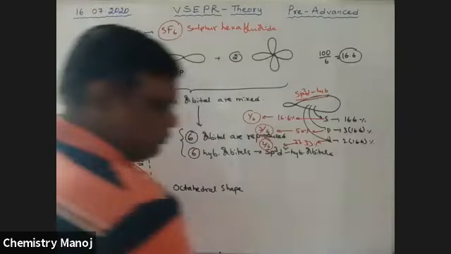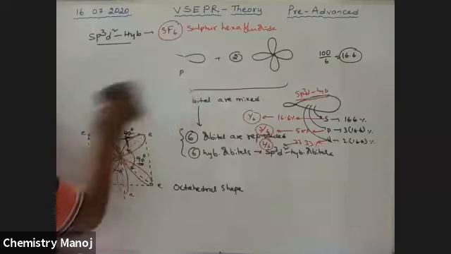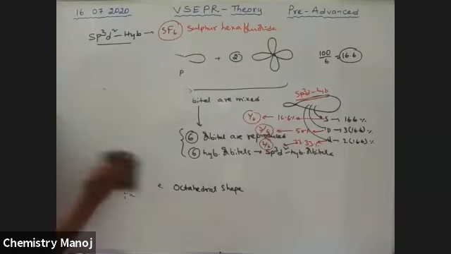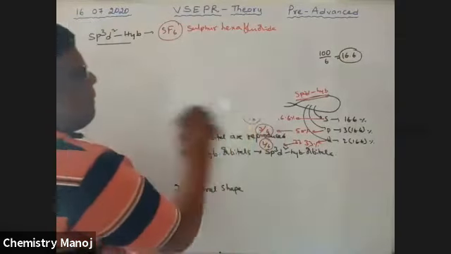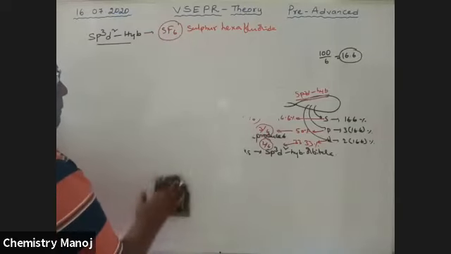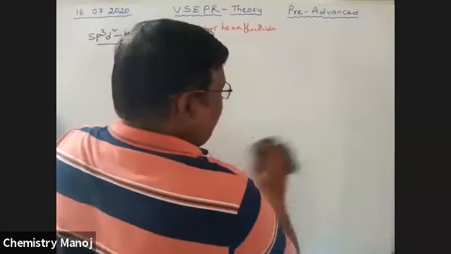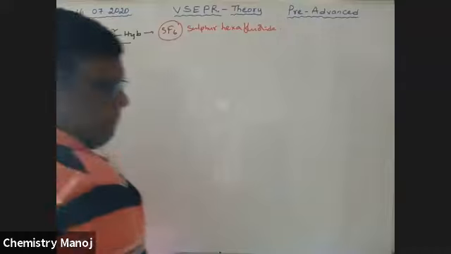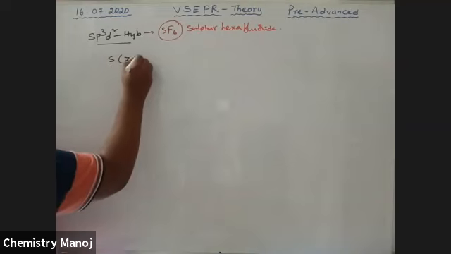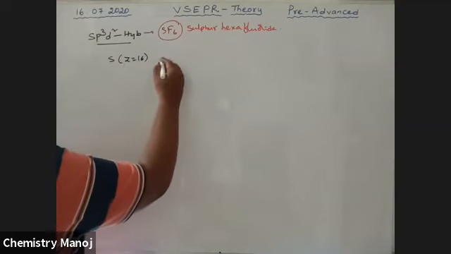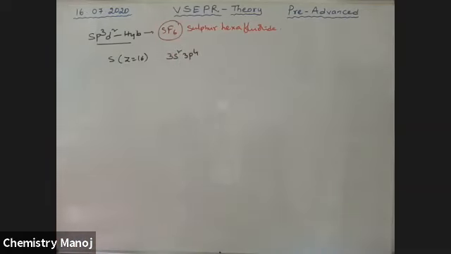See here, central atom sulfur, its atomic number Z is equal to 16. Its outermost electronic configuration is 3s2 3p4.